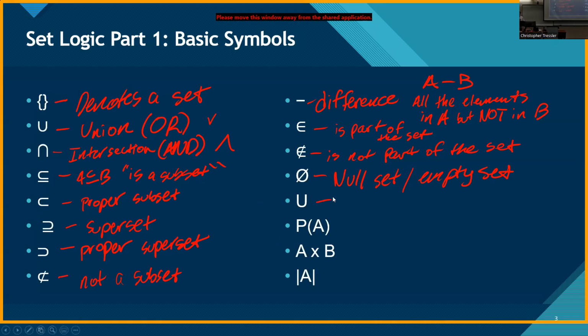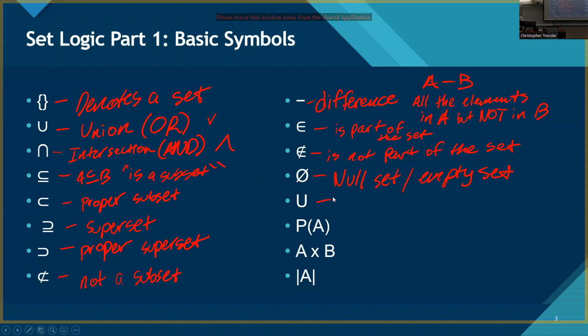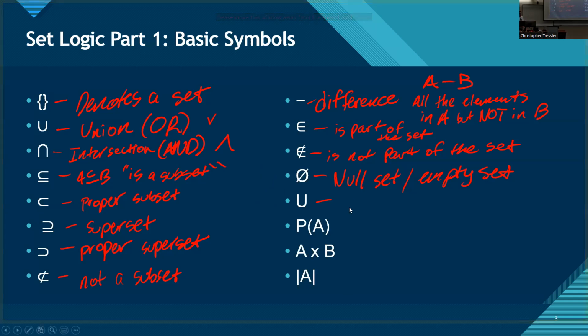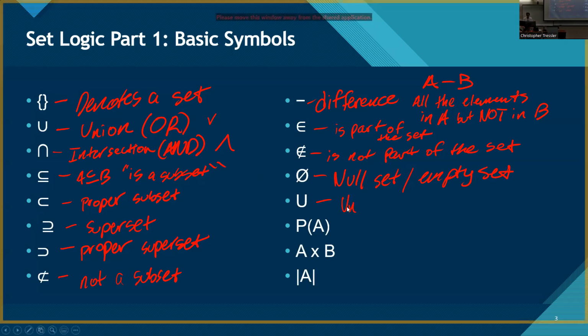Now this, you might be thinking, why is there just a big U there? Isn't this the same thing as union? No, this is actually a different thing. This is for your universe of discourse. This is the symbol that you use for basically all of the elements in a set. Note that null is not equivalent to null. Yes, somebody was saying in chat, this is not the same thing as this.